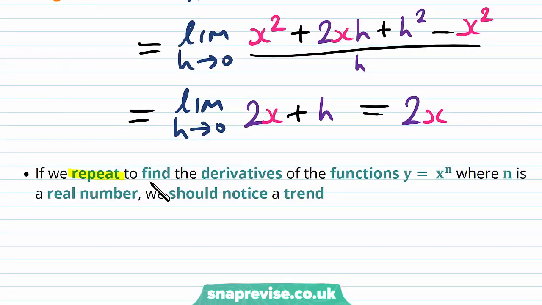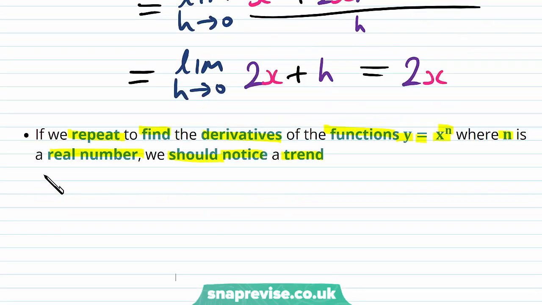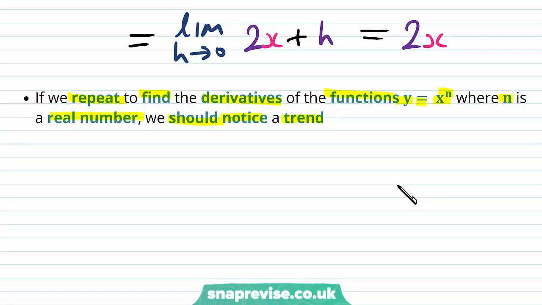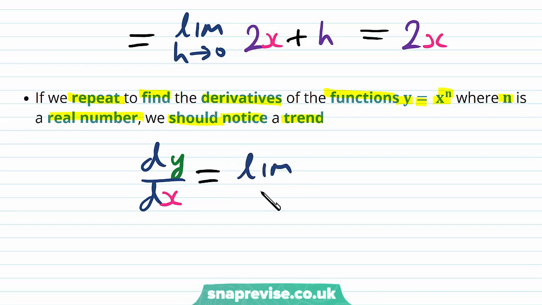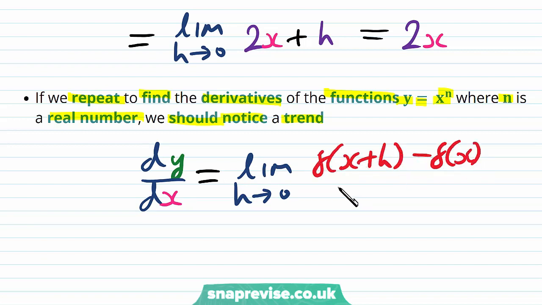If we were to repeat this process to find the derivatives of the functions y equals x to the power of n, where n is a real number, we should notice a pattern. So if we were to apply our process to find dy by dx, and of course, since this is equal to f prime of x, this is going to be equal to the limit as h tends to 0 of f of x plus h minus f of x divided by h.